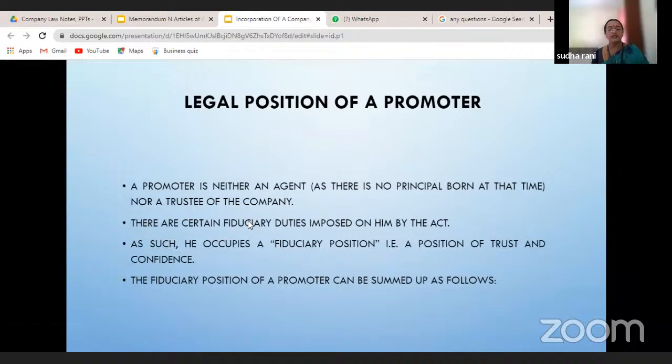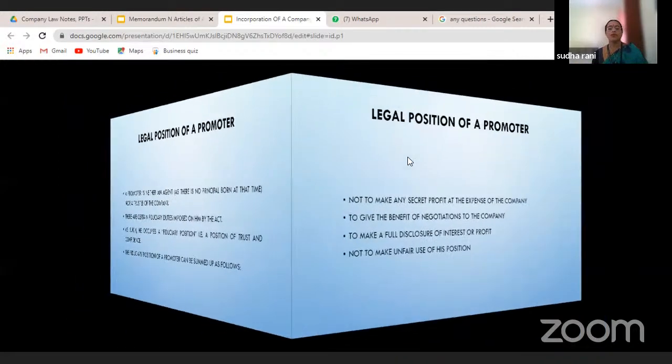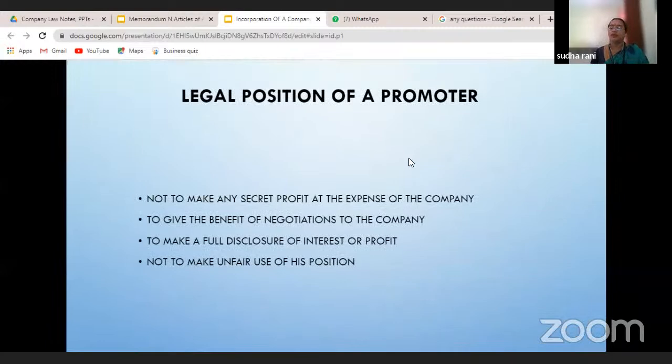Then there are certain fiduciary duties imposed on him. What are those? First one, a promoter should not make any secret profit on the expenses that he spent for the company.